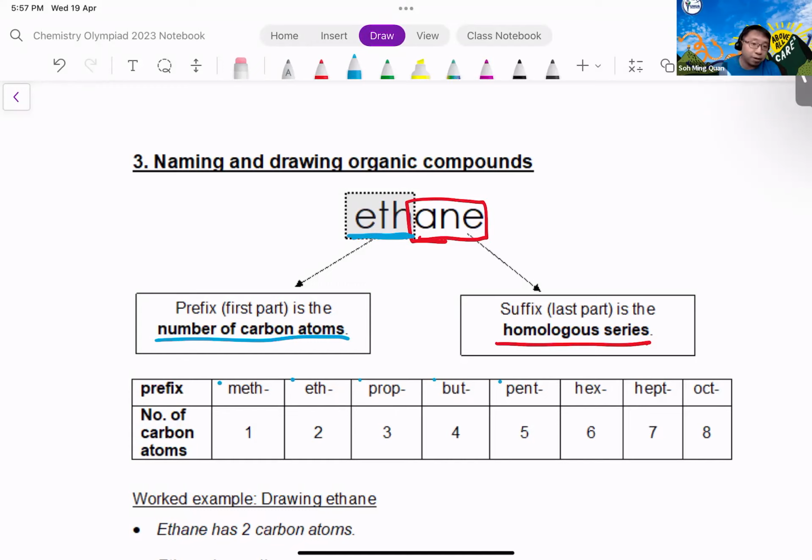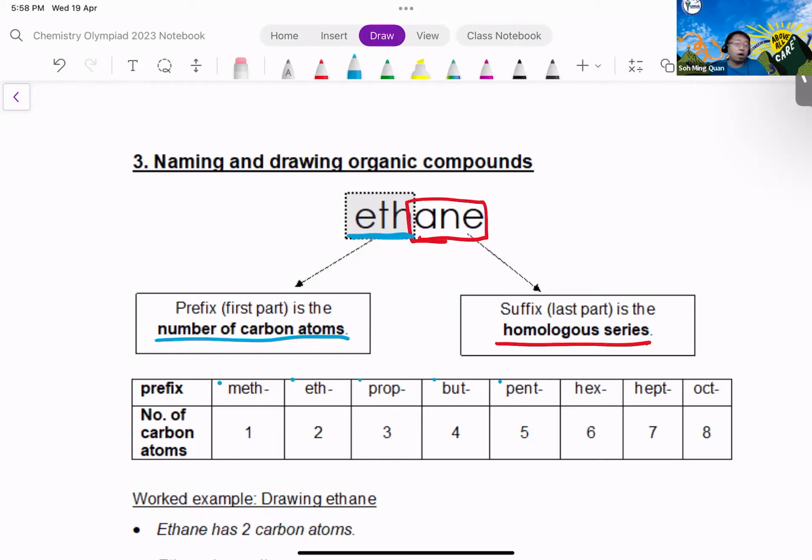Meth is 1 carbon, eth is 2, prop is 3, but is 4, pent is 5, hex is 6, hept 7, oct 8. If you recognize some of these, they are the same as what you use in maths: pentagon, hexagon, heptagon, octagon.